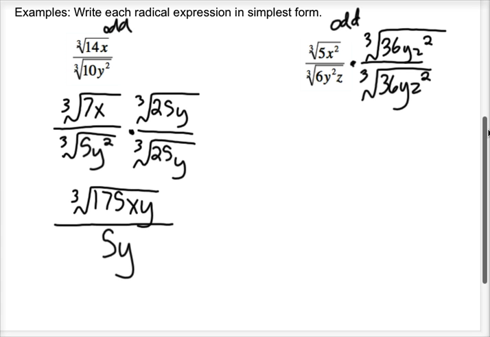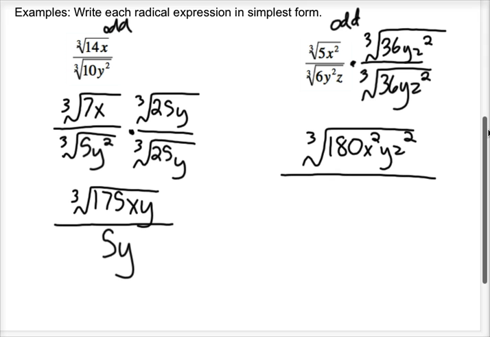Now, let's simplify this. So on top, 5 times 36 gives me 180. Then I have x squared y z squared. On the bottom, let's see what I've got. 216 y cubed z cubed.